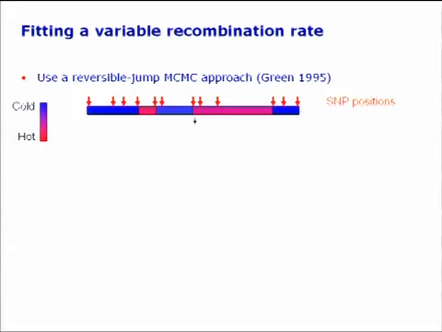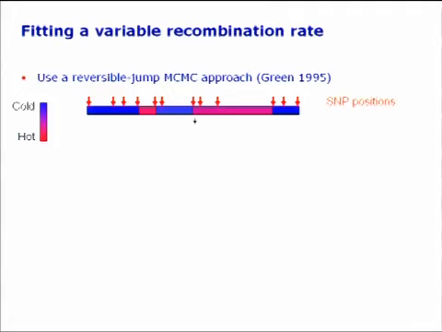And so there's a useful technique, at least in the Bayesian setting, for estimating variable rates over intervals using a technique called reversible jump MCMC that was developed by Peter Green a little over 10 years ago. Many of you are probably familiar with it, but for those of you who aren't, I just want to describe what you're trying to do.